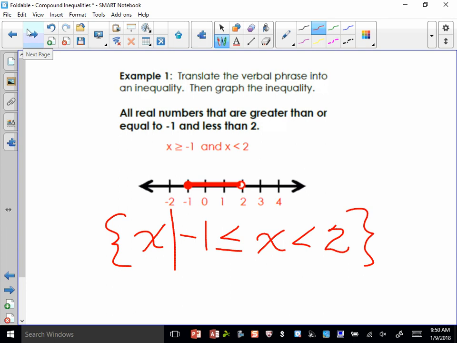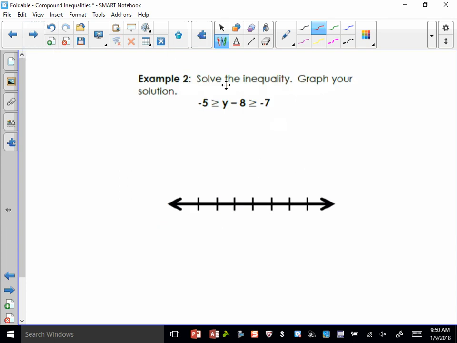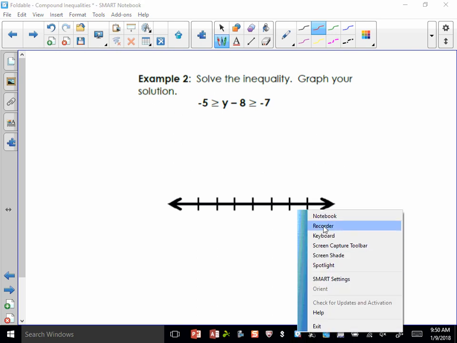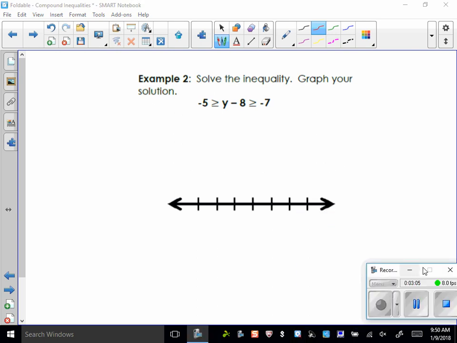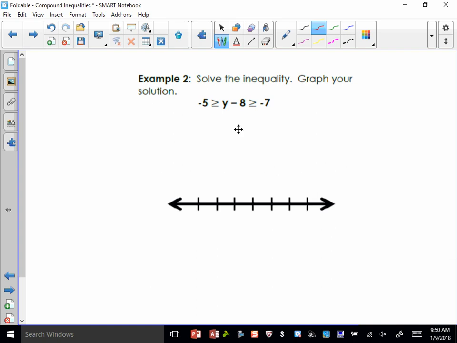All right, let's take a look at number 2. Notice this one is written slightly differently because now it says to solve it. This has not been solved for y. Notice y has a -8 with it.